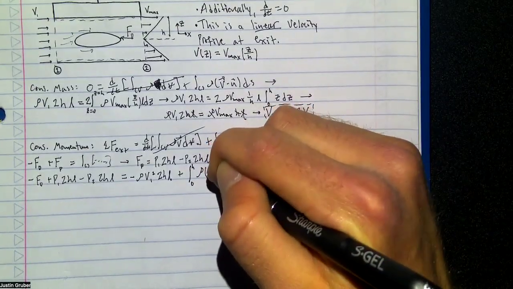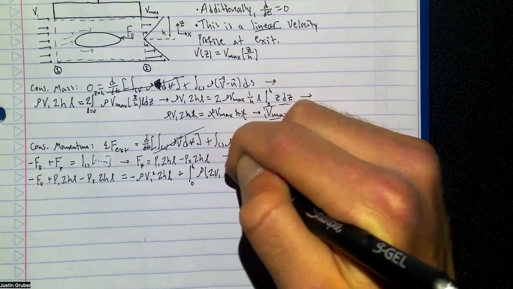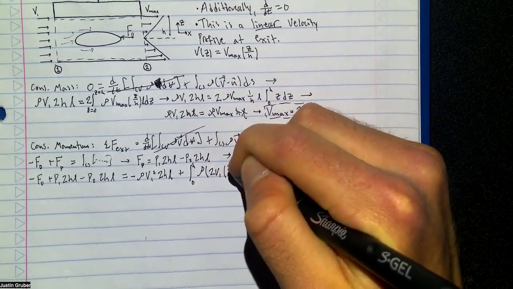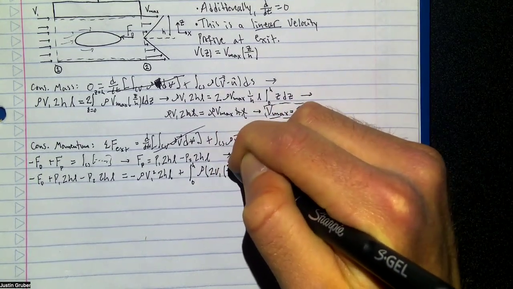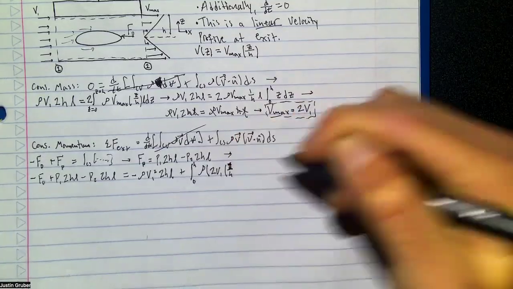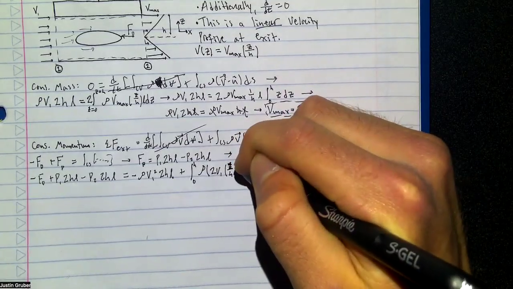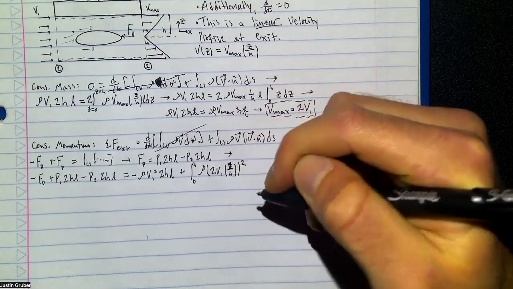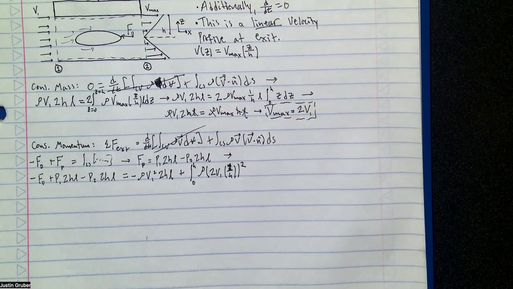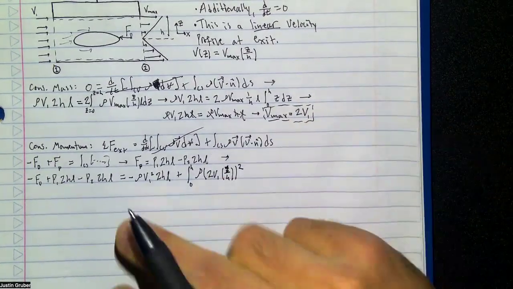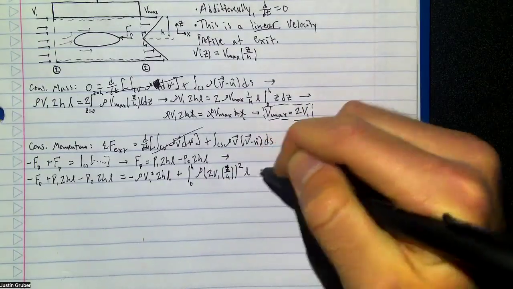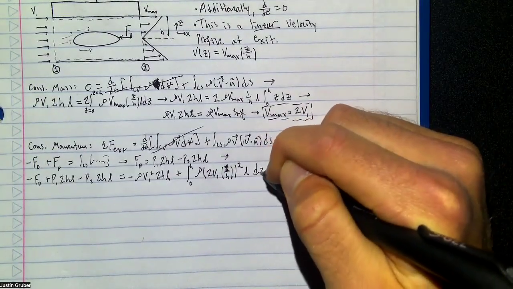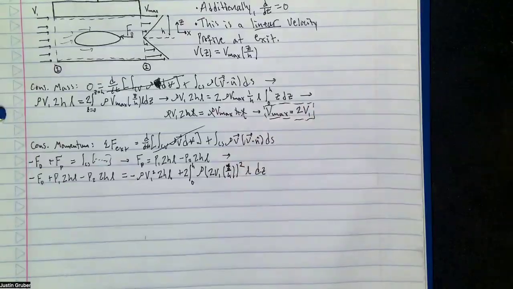So inside this whole thing you get 2v1 times z over h, and you're squaring that whole thing, times the area, L times dz. And yeah, you're multiplying by 2 again.